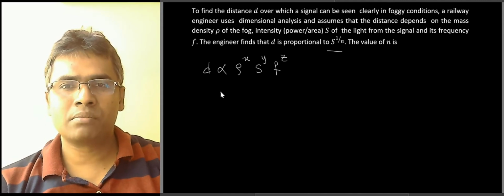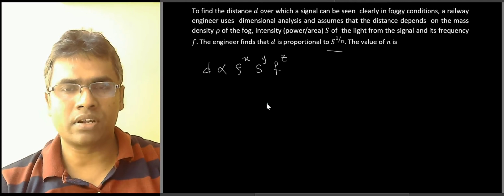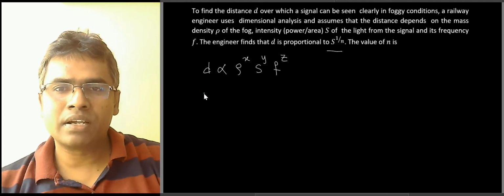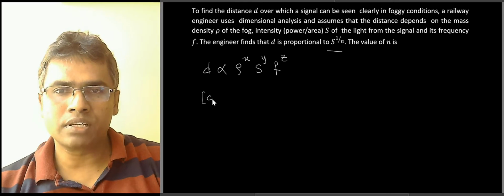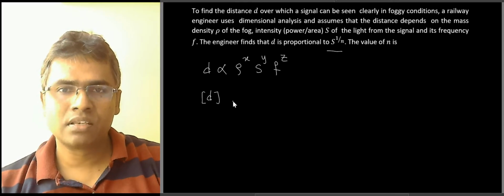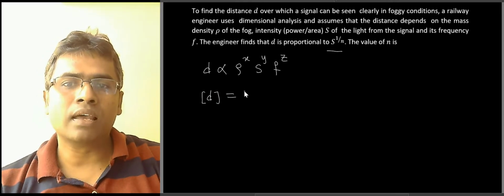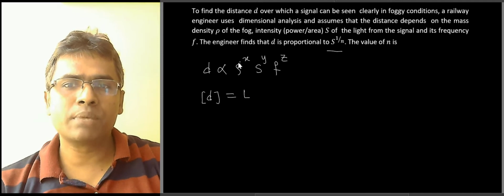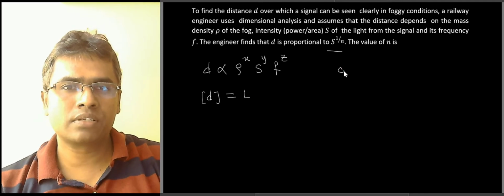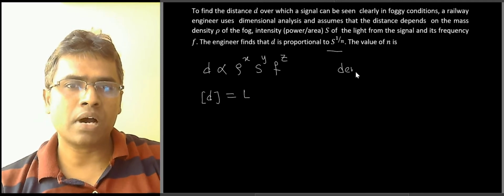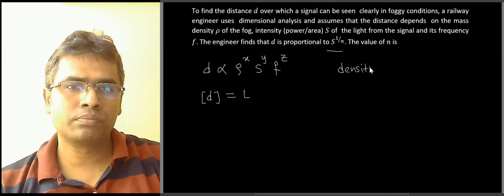So let's start by looking at the dimensions of each of the physical quantities. The dimension of distance is L, and to get the dimensions of density, we know density is mass per unit volume.